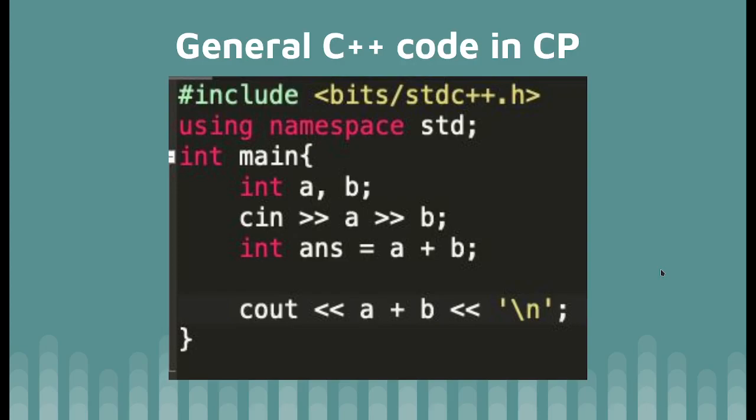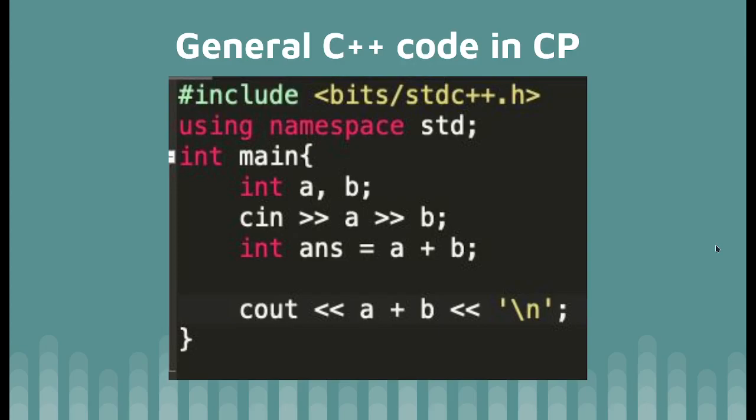And this include is a way to include all the main libraries of the standard library. We'll see later, but this bits/stdc++ header contains all of the functions to input, output, sort and everything.